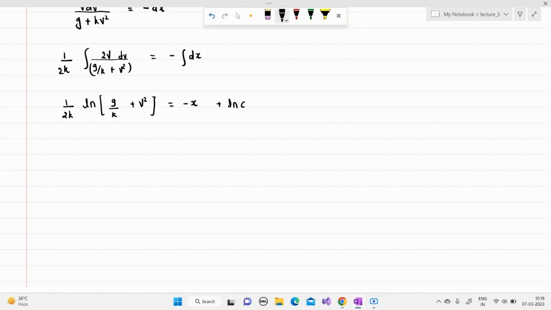Okay. So now the body is projected upward. If I remove this log term, how do I get it? g by k plus v square is equal to minus 2kx.